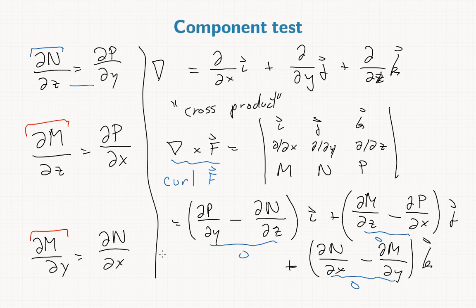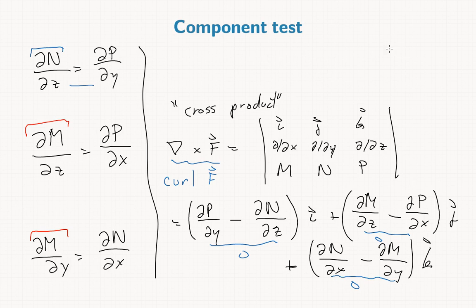So another way of stating our test is that if f is conservative, then the curl of f is 0. This is what I mean when I say the component test.